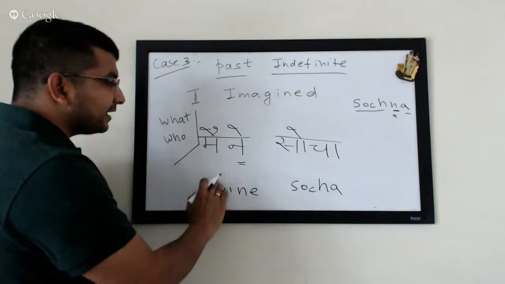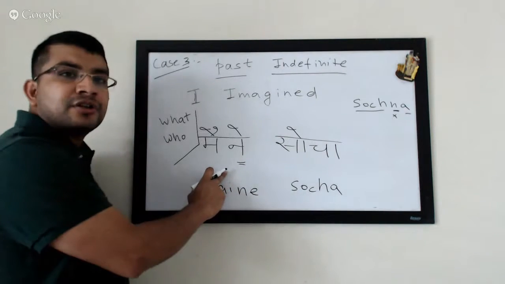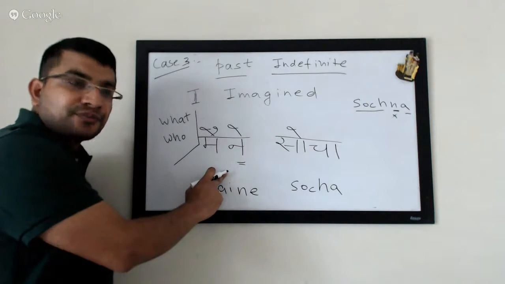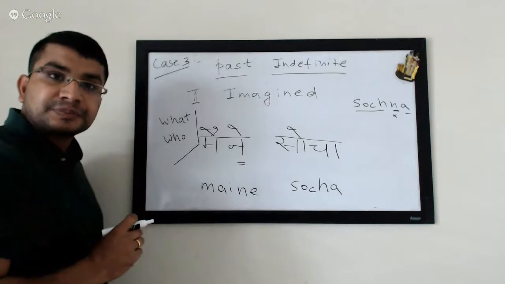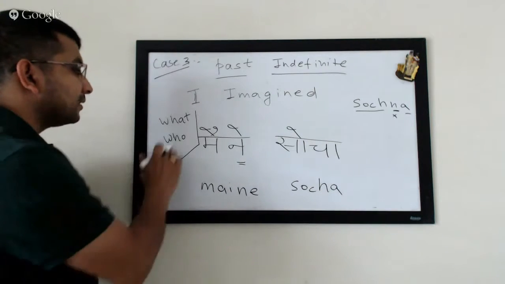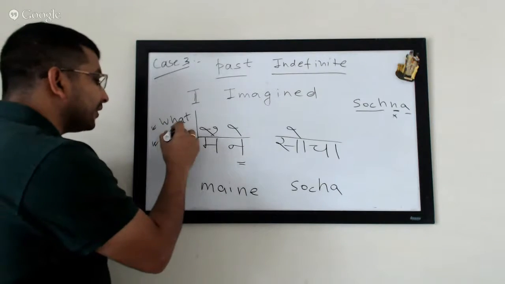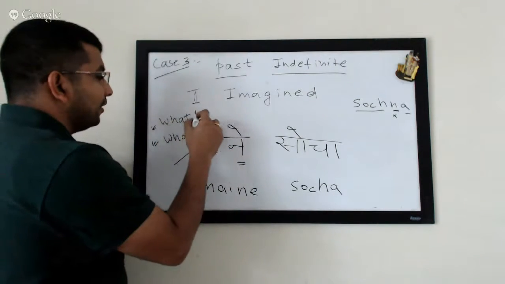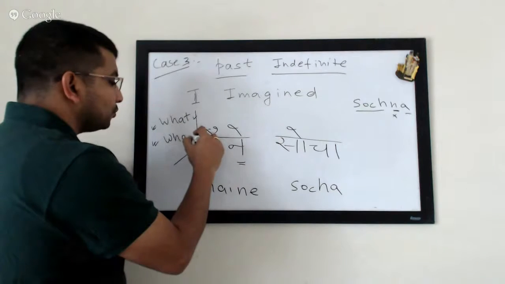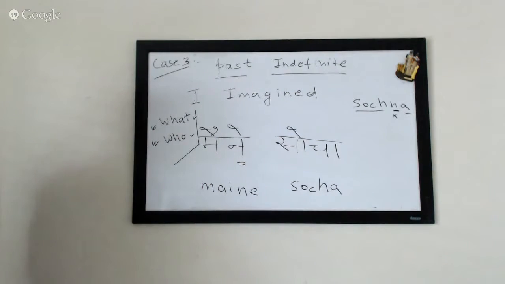So in this case, I can frame a question: what did you imagine, or what did you think, or who do you think, right? Most likely, these are transitive verbs. Whenever you can frame a question using the verb with what and who, right?